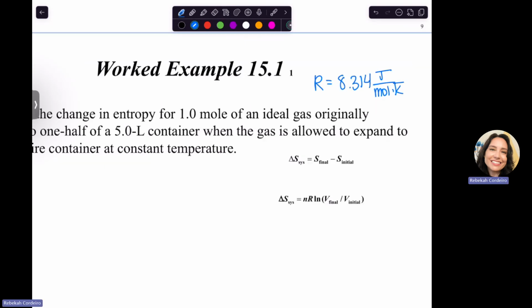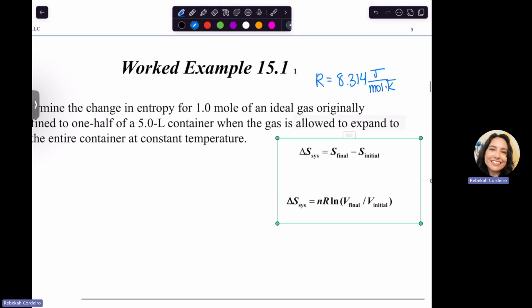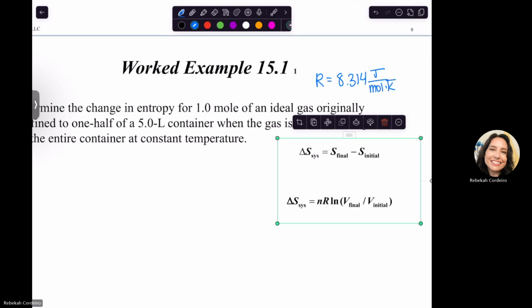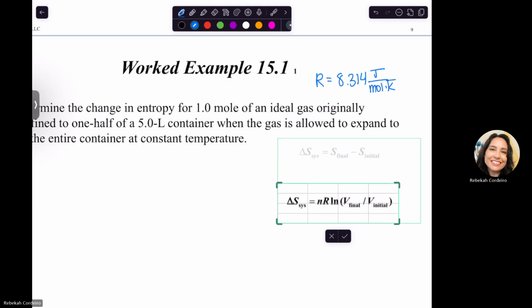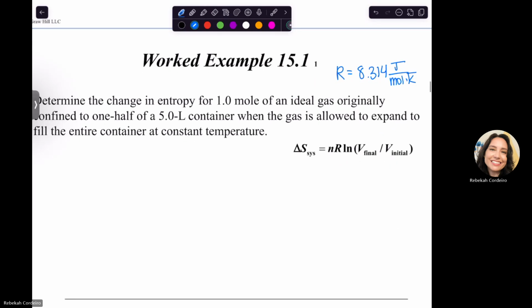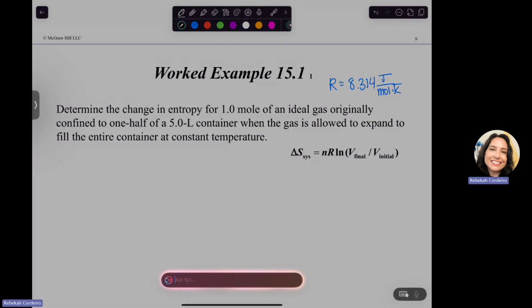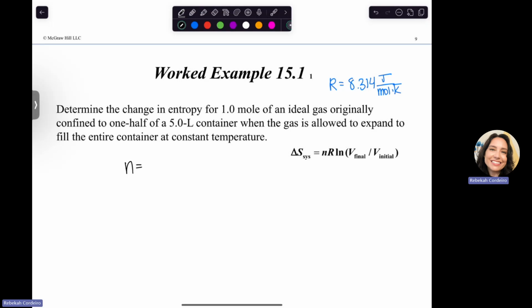Why don't you try this? Here's this expanded out, I'm going to make it a little bit bigger. All right, so if we tried it, then we would have our n is 1 mole.